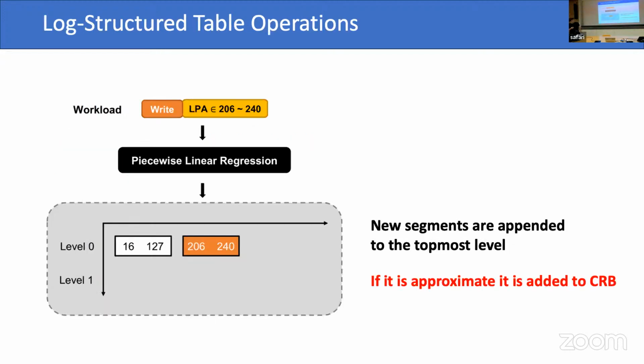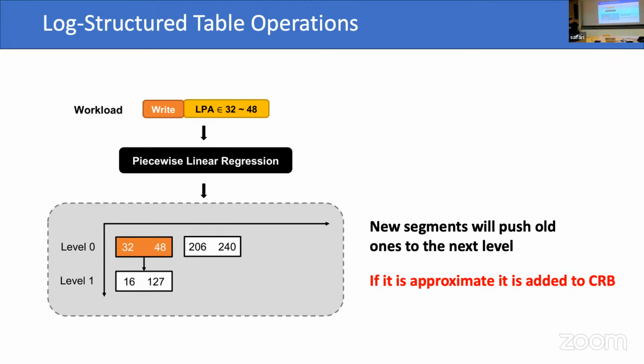Then we can look at the operations we can do on a log structured table. Basically, when we write a new segment, it is appended to the topmost level. If it is an approximate segment, it also needs to be stored in the conflict resolution buffer.